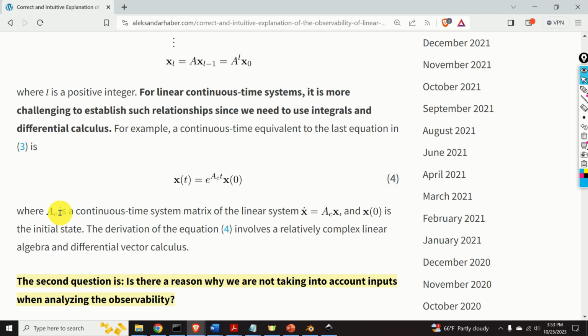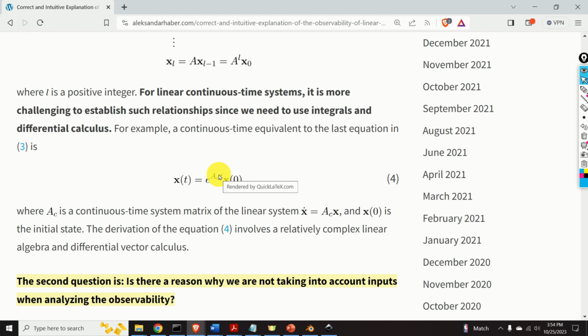Over here, Ac is a continuous time system matrix of the classical linear system. This equation involves an exponential of a matrix, and it's way more complex. Consequently, the observability derivation is also a little bit more complex.